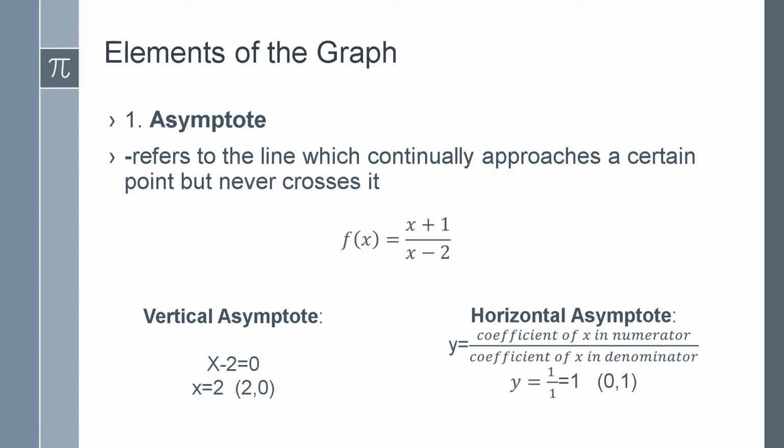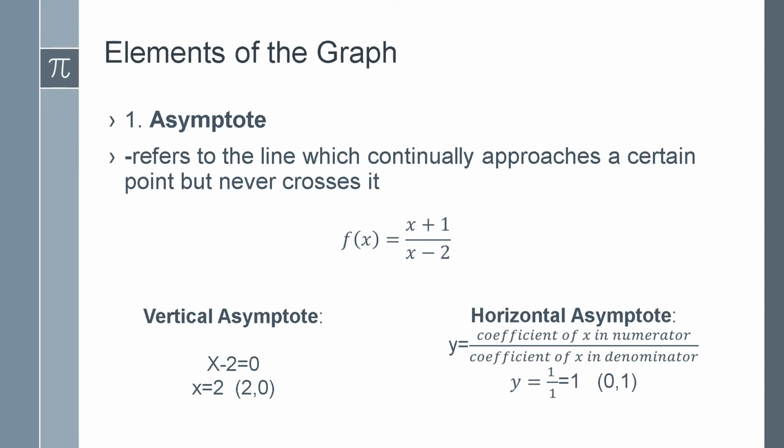Then sa horizontal asymptote naman, we will get first the coefficient of x in the numerator and then the coefficient of x in the denominator. Yung sa given na function natin na x plus 1 over x minus 2, ang coefficient ng x sa numerator ay 1 kasi x lang yon.